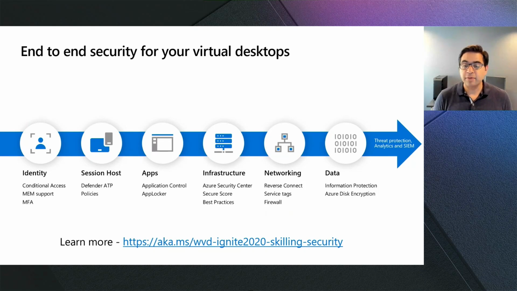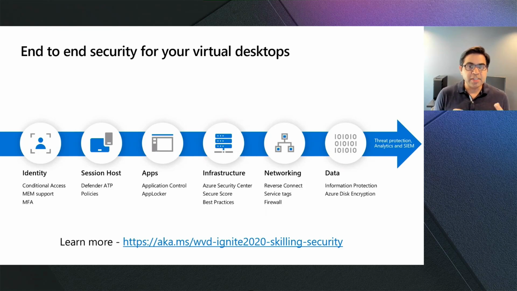At the network level, we have features like Reverse Connect, which enable you to operate your VMs without having to open inbound ports. And you can also use things like service tags and Azure Firewall to manage traffic in and out of your deployment at the network level. And then at the data layer, Microsoft Information Protection is a great way to protect data even if it leaves your deployment.